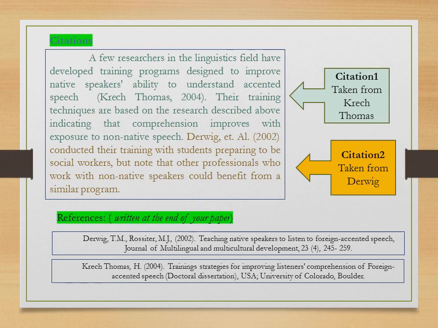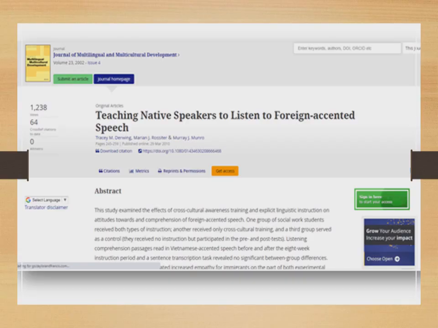So let's move further. This one is just an example of where the article came from. So it came from an abstract, from a journal, and you have to locate the author, and here is the title: Teaching Native Speakers to Listen to Foreign Accented Speech.